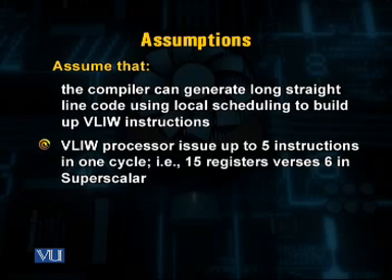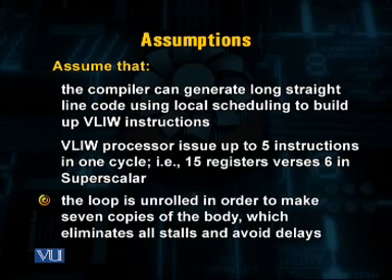That is, it has 15 registers versus the 6 registers that we discussed in the case of superscalar processors last time. The loop is unrolled in order to make 7 copies of the body, which eliminates all stalls and avoids any type of delay which we observed in the case of the superscalar processor, while talking about the same example over there.